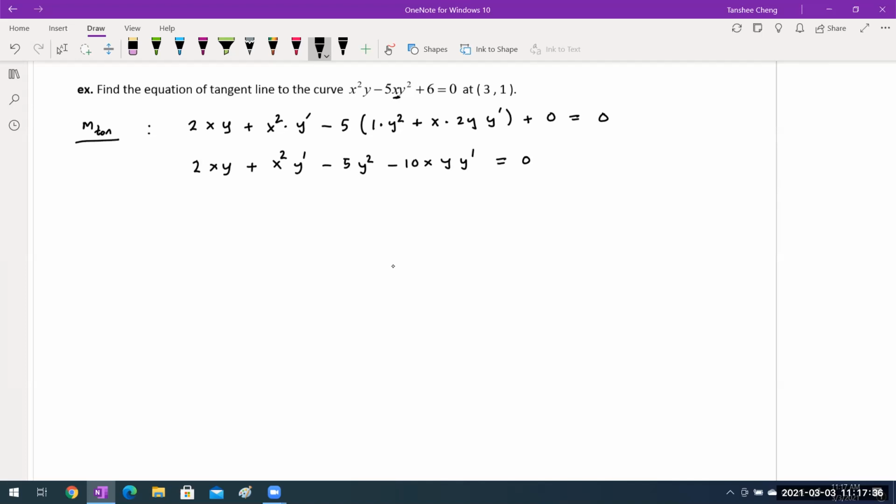We want to solve for y prime, so this will be x squared minus 10xy times y prime equal to, moving on the other side, 5y squared minus 2xy, and then my y prime will be equal to 5y squared minus 2xy all over x squared minus 10xy.